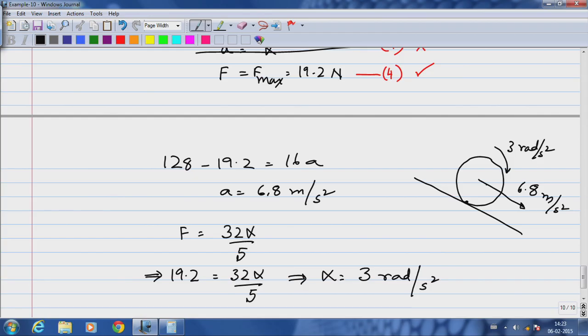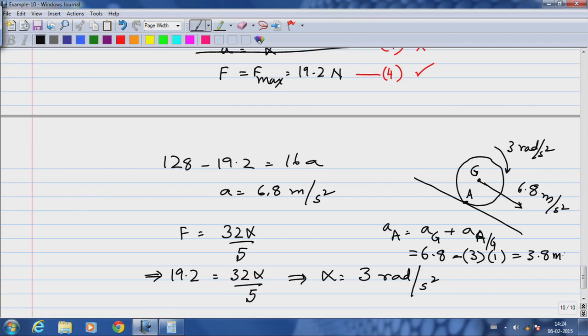So, at this point of contact A, the sphere is moving back, if you imagine the point G. The point G is moving downwards at 6.8 meters per second squared, and the acceleration of A as observed by G is minus 3 times 1.